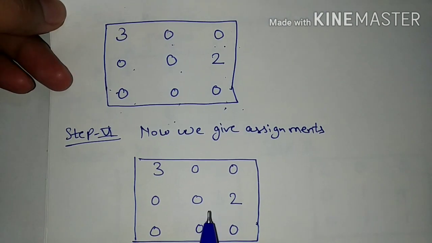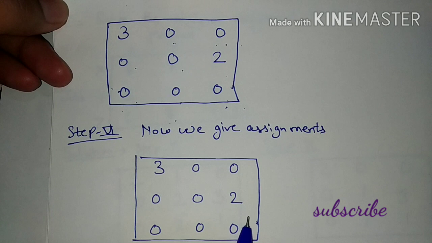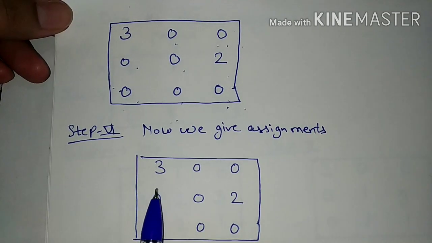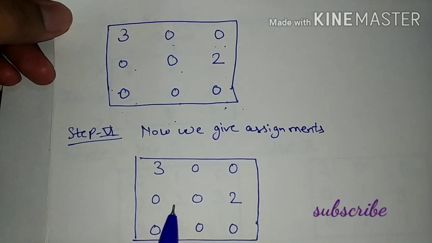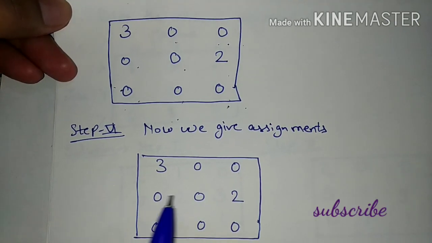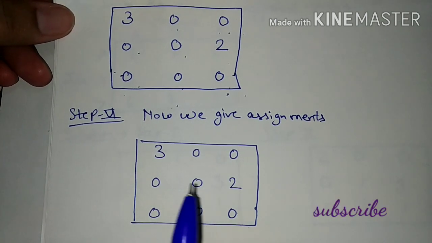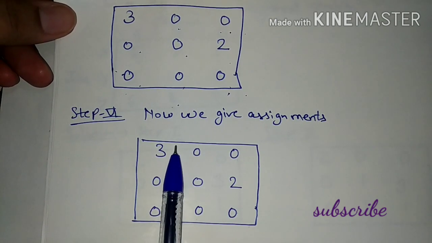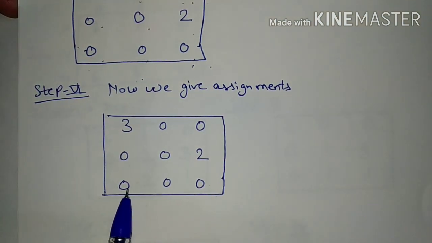Here scan all the rows one by one. If we find a single zero, make the square around it. In row 1 there are 2 zeros, so just leave it. In row 2 there are 2 zeros, skip that row. In row 3 there are 3 zeros. Now start column scanning. Column 1 has 2 zeros, skip that column.